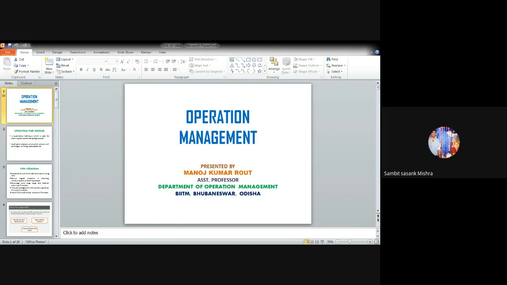Moving to the next, the second one is critical path method numerical, or in short, CPM numerical.